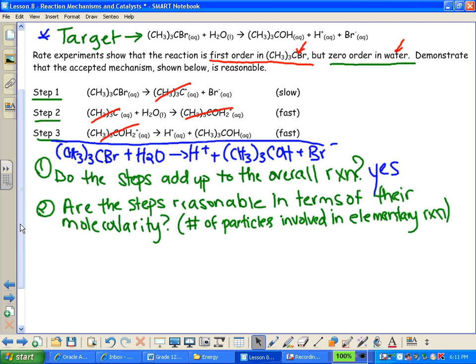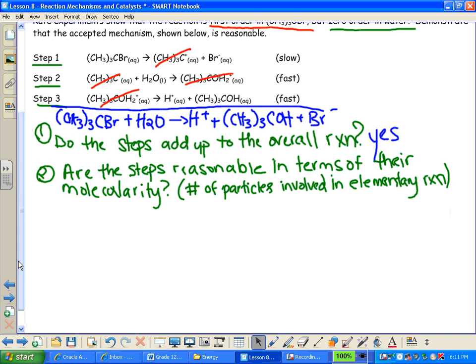So if we look at step number 1, we see that we only have 1 reactant. We call that unimolecular, and if something is unimolecular, good to go. Step 2, we have 2 reactants, so that would be bimolecular.